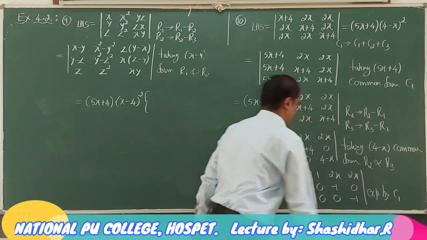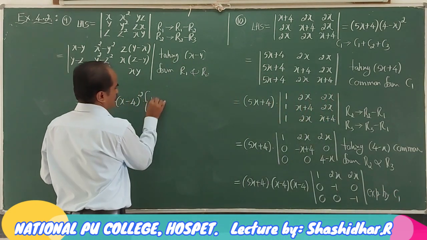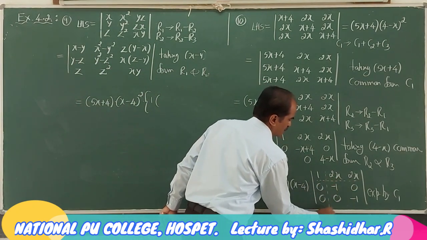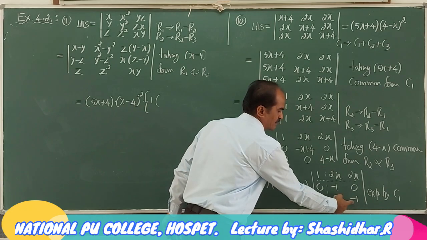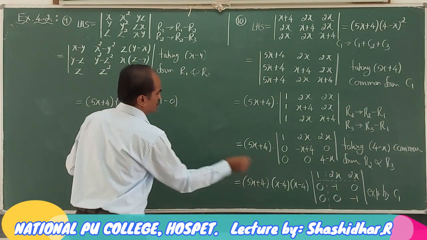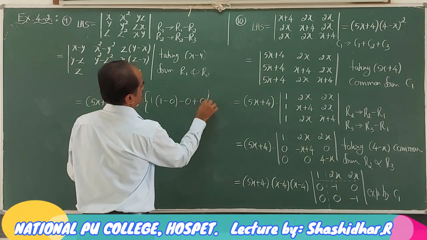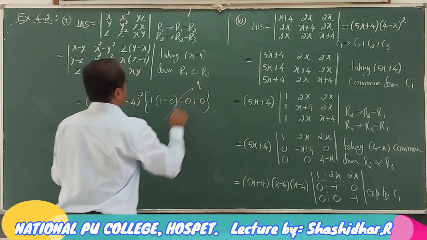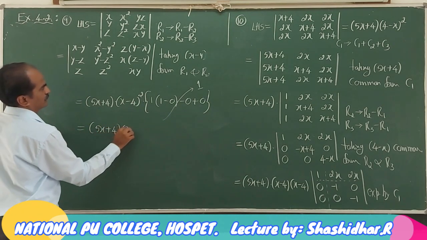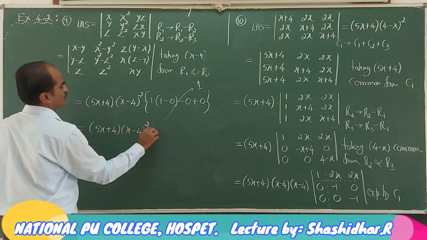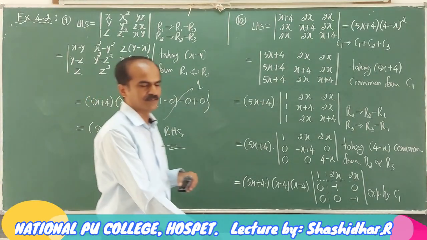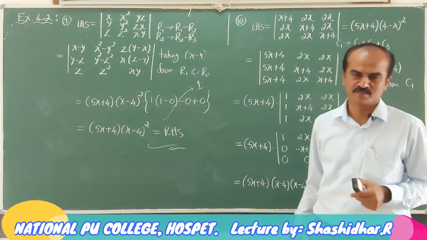Expanding by C1, plus 1 into, leave the first row and first column, minus 1 into minus 1, 1, 1 minus 0. The next two elements are 0, minus 0 plus 0. The value of this expression is 1. So in this way we get 5x plus 4 into x minus 4 whole square. That is our required RHS. I hope you followed this.